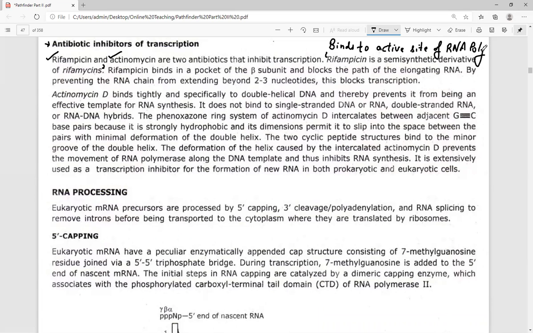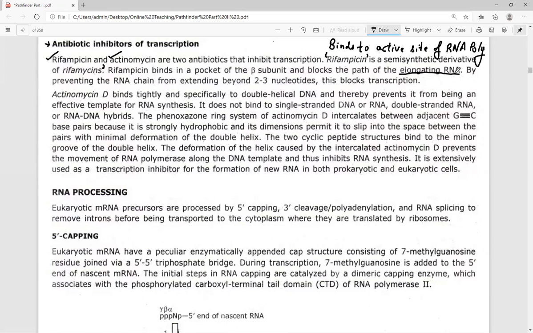So the active site of the RNA polymerase is being bound with the help of rifamycin, which is a semi-synthetic derivative of rifamycin. Rifamycin binds in a pocket of the beta subunit and blocks the pathway of elongation of the RNA. So the RNA elongation is being halted. That is, it is going to bind and inhibit the process of RNA elongation.